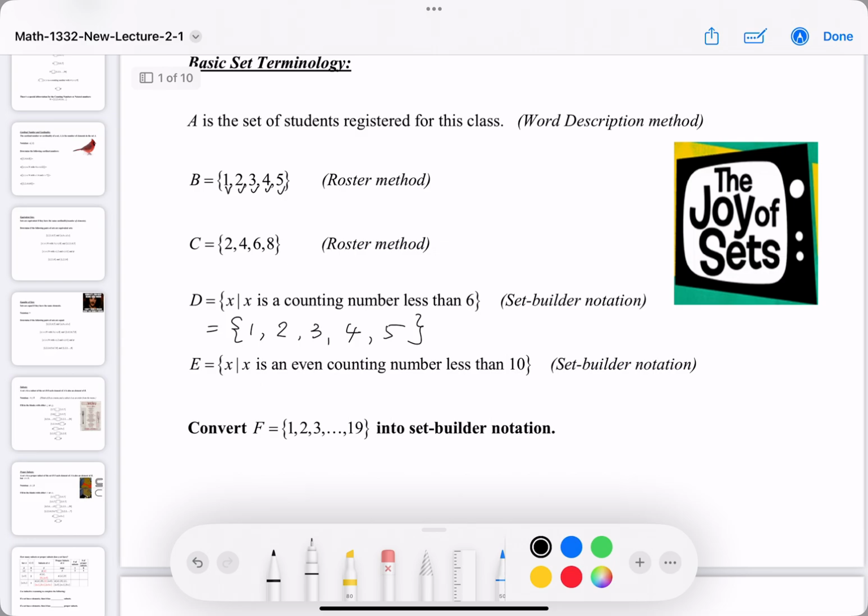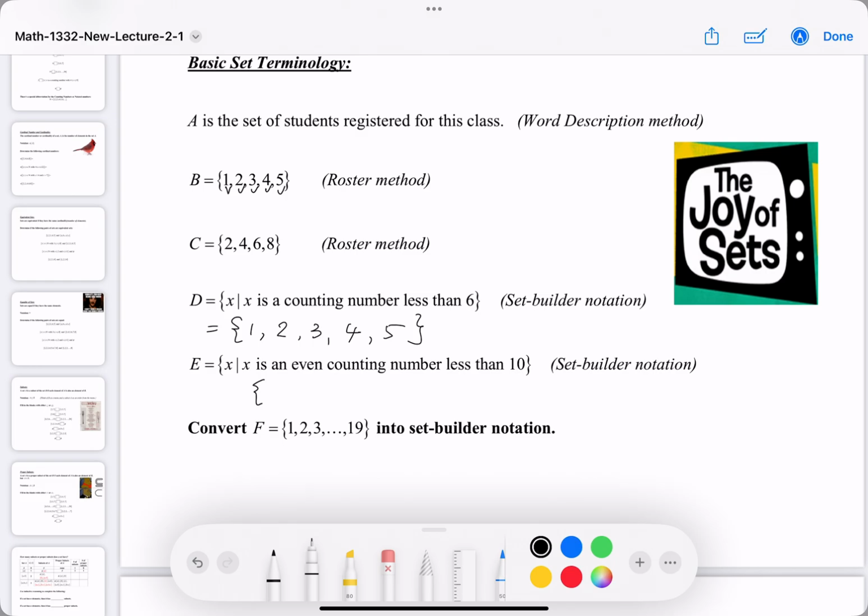Okay, let's see. E is also a set builder notation. E is equal to all of the x such that x is an even counting number less than 10. If I want to convert it to the roster method, we will list the elements of E. x is an even counting number less than 10.